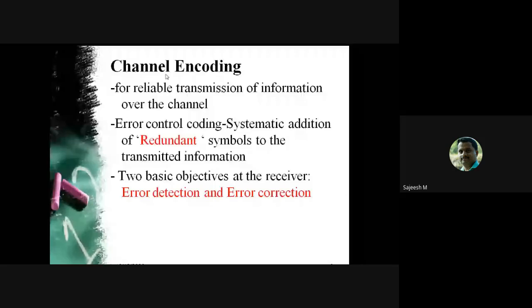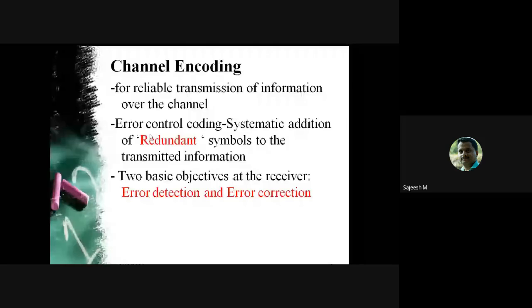And the two basic objectives at the receiver are error detection and error correction. We have an information source, given to a source encoder, where it is coded to get maximum efficiency. We have studied code efficiency, and the generated code is transmitted through the channel.